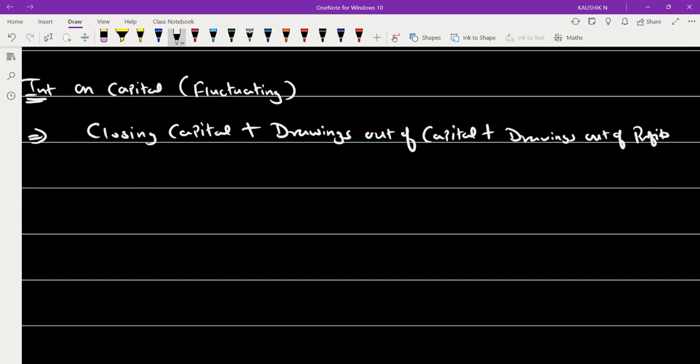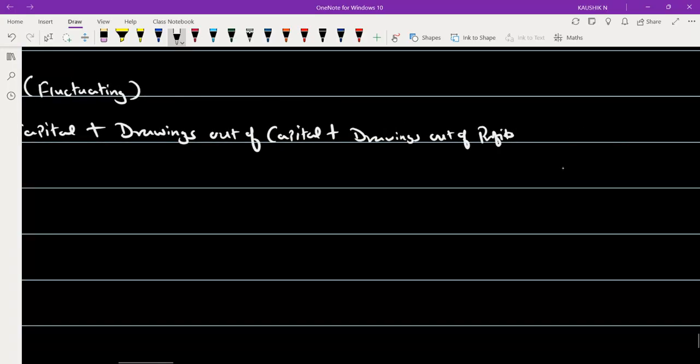Able to understand? So closing capital plus drawings out of capital plus drawings out of profit. Okay, and then you have to subtract your additional capital. This will give you your opening capital. Able to understand?